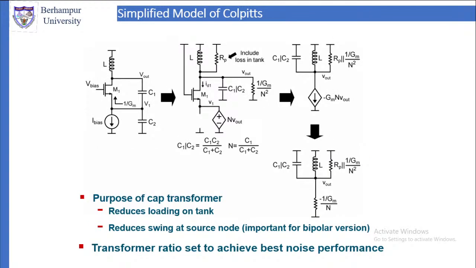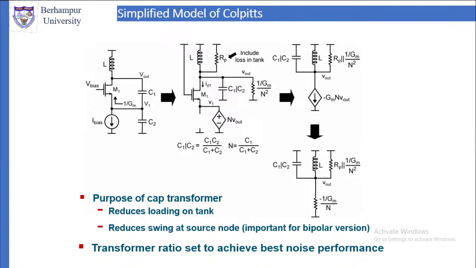Now, a simplified model of the Colpitts oscillator based on the previous analysis. The left one shows the Colpitts oscillator, then its equivalent is shown in the middle one, then on the right top is its equivalent, then on the bottom is the final equivalent circuit. The purpose of the capacitor transformer is that it reduces the loading on the tank circuit and it reduces the swing at the source node.